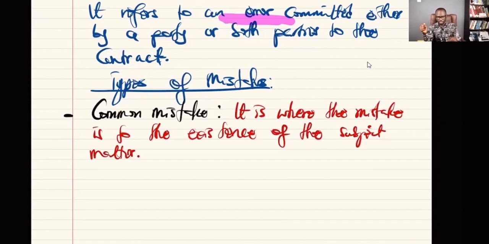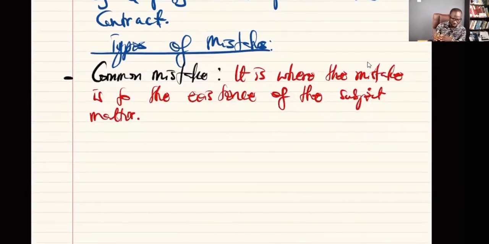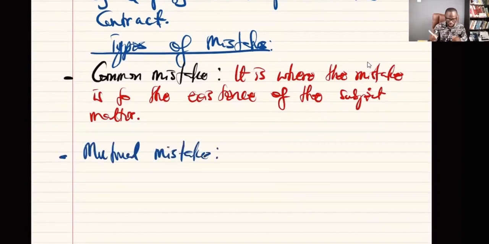Then the subject matter, it's the mistake there. So that is what we call a common mistake. Two, mutual mistake.